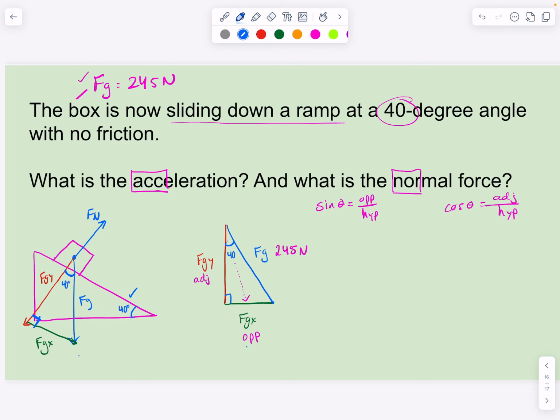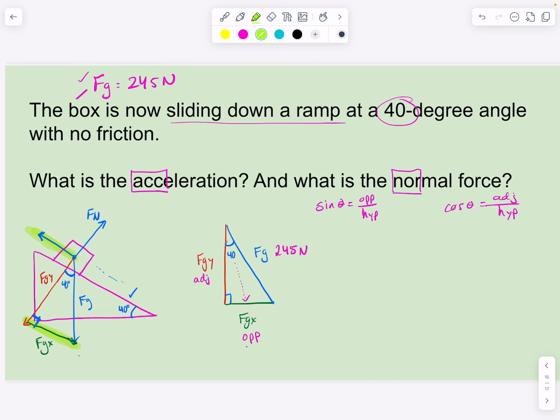Acceleration is going to happen, so there's no friction. Our force of friction is this part here. So that's what's holding it on, and there's nothing here. So we're accelerating, which means we're going down the ramp this way. Well, the line that runs parallel to going down to this friction force is going to be the FGX. These two lines are connected because that's going to talk about the acceleration of the object as it goes down the ramp.